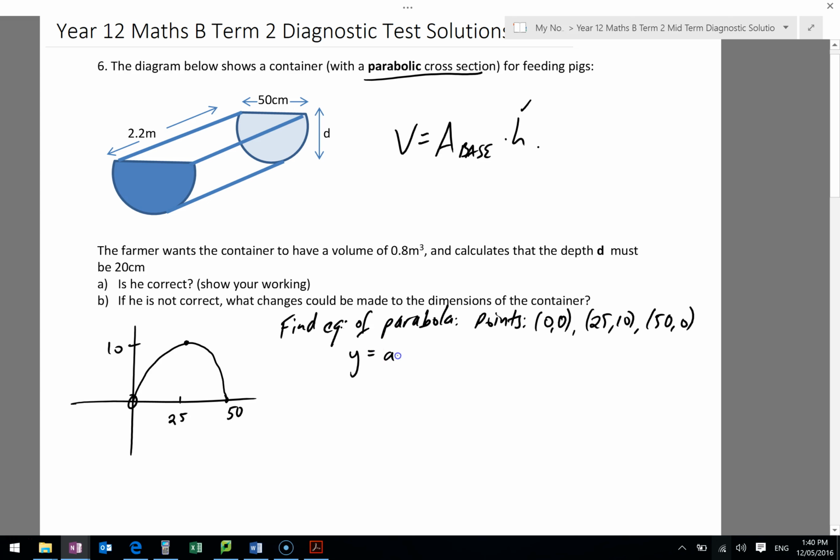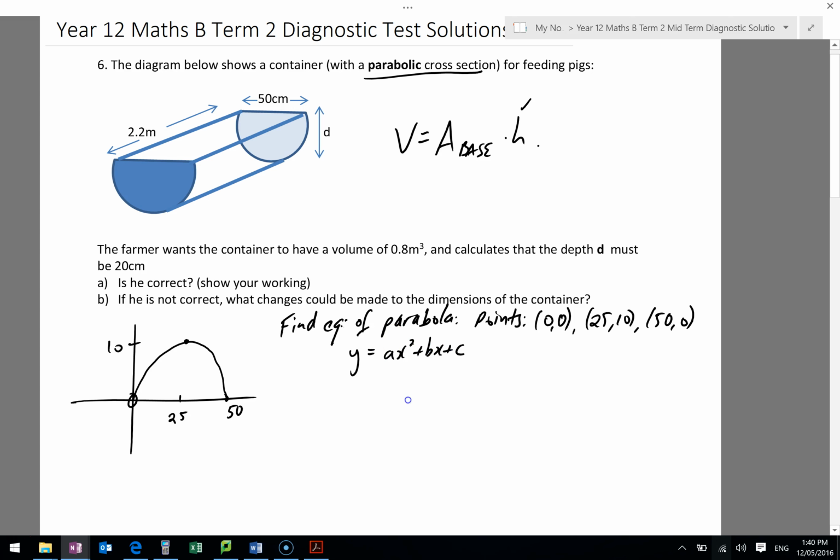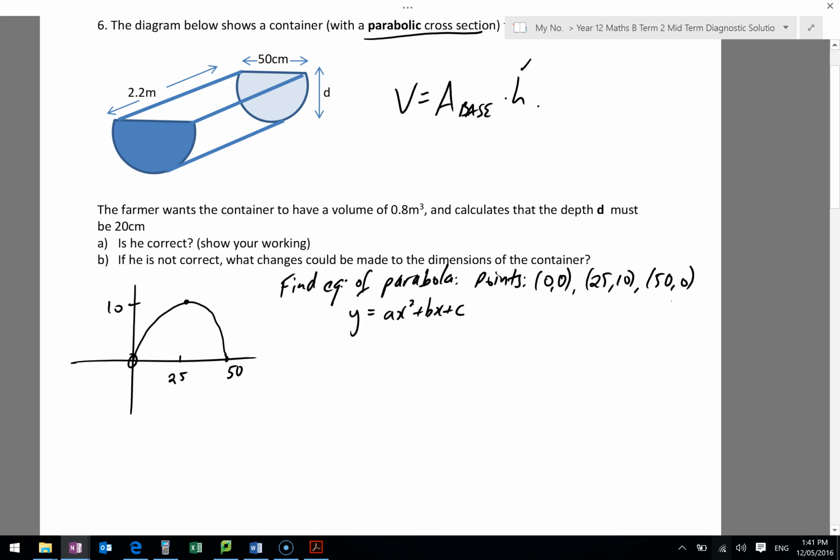My general equation is y equals ax squared plus bx plus c. I'm going to sub those three in. Alternatively, you could put these 3 points into your stat mode and do a parabolic regression, and you get the equation that you're after. But I'm going to sub the points in for funsies.